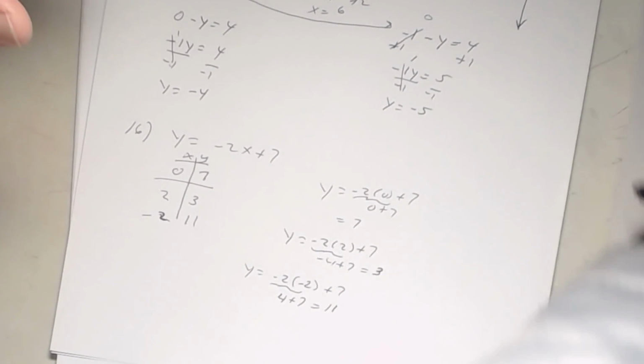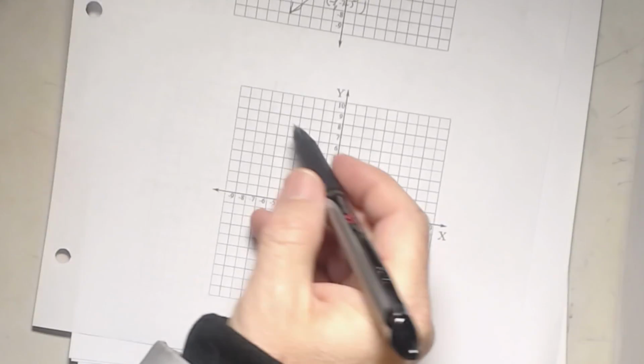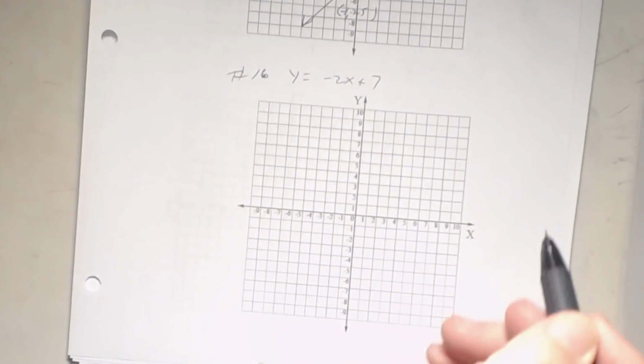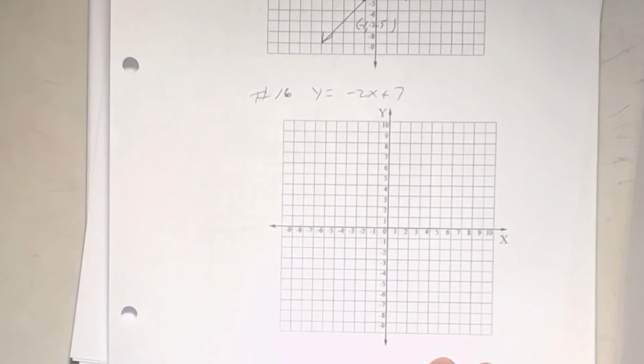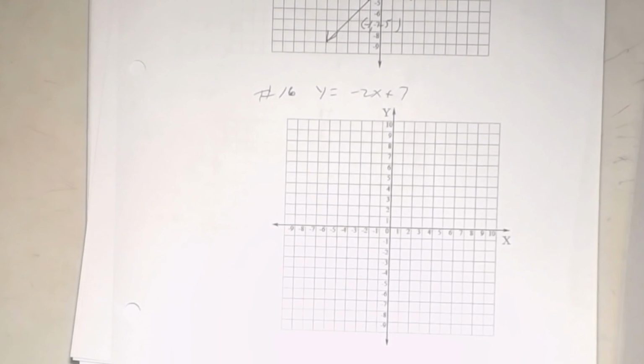So let's do that. On this grid, that's going to be number 16, and it's y equals -2x plus 7. Okay, so what's the first solution? Now here's a question. In what quadrant or axis does 0, 7 lie?